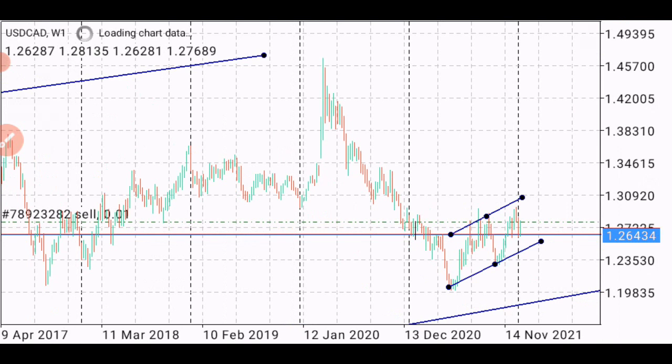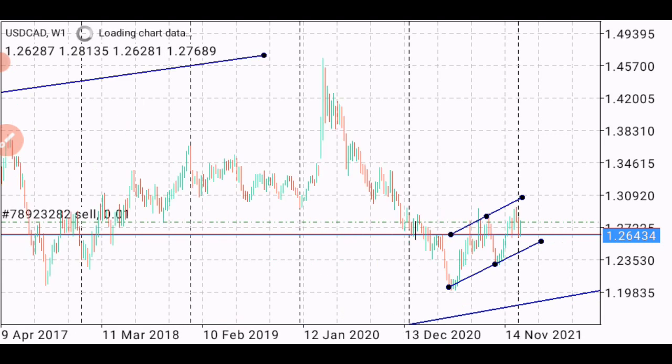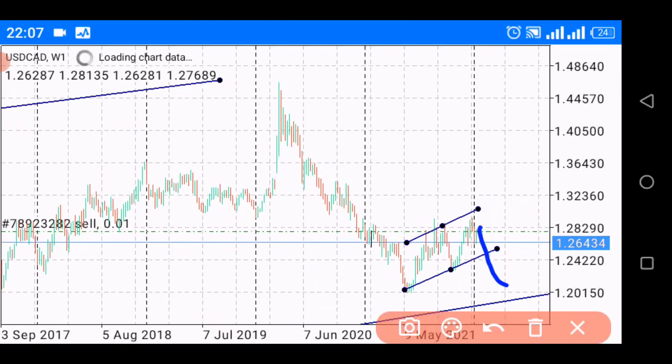We can't always have the perfect structure of the market. So we are probably expecting the breakout of this movement because of this. And here too it's even like a flag.